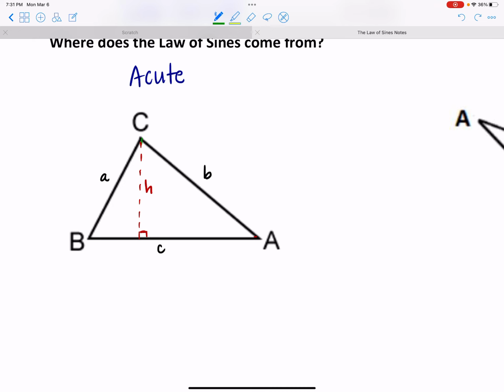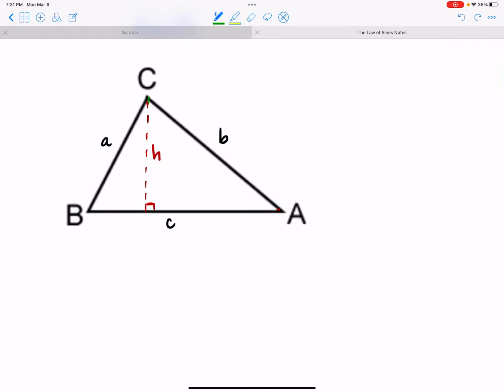Now I don't have any values here. That's okay. I can use an equation and come up with something that will help me solve anyway. So for instance here, let's say I wanted to include angle B in this right triangle. I'm just going to focus on this for a second here.